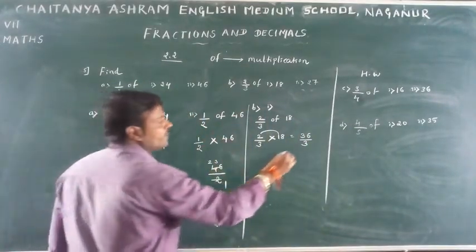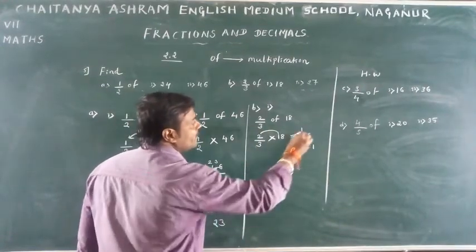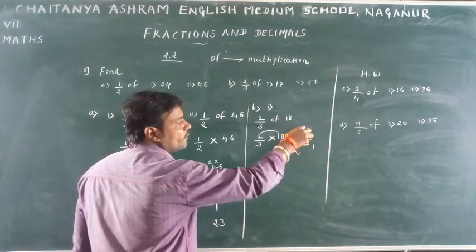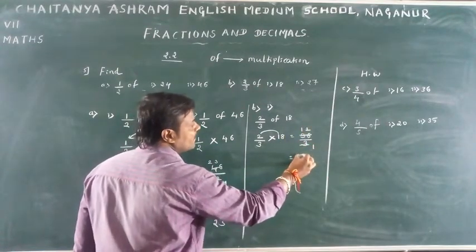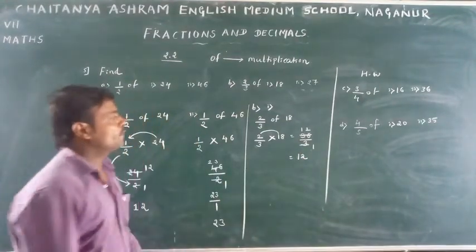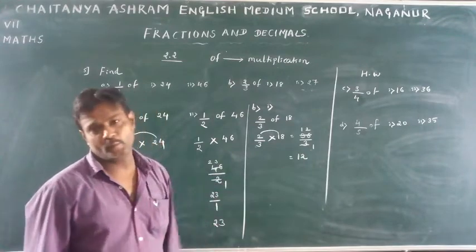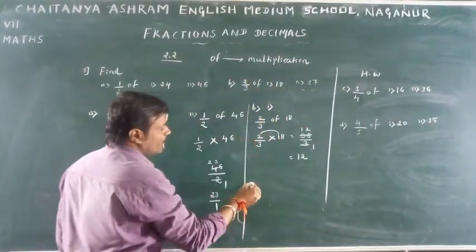Cancel it. 3 ones are 3, 3 twos are 6, 3 twelves are 36. 12 divided by 1 is what? 12. So 2 by 3 of 18 is 12. Okay.